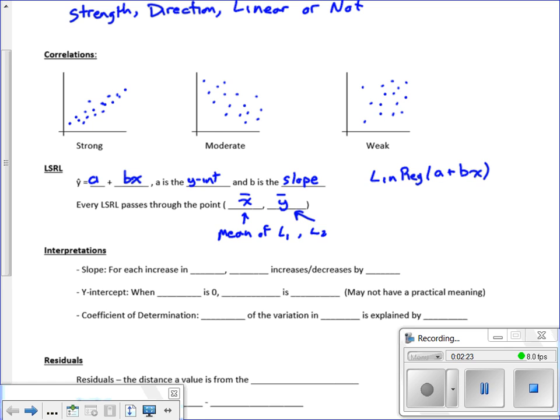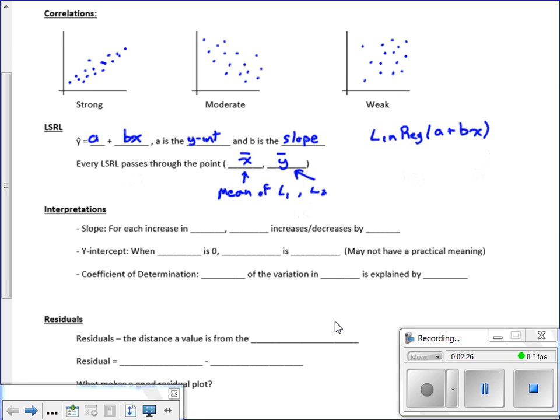All right. Interpretations for some of this stuff. First off, the slope. So for each increase in x, y increases or decreases by the actual value that is the slope, that number. So it'll increase if it's positive, it'll decrease if it's negative. The y-intercept, the interpretation, so that's when x is 0, the y is whatever the y-intercept is. Keep in mind, a lot of these don't even have a practical meaning, but we still want to be able to interpret it.